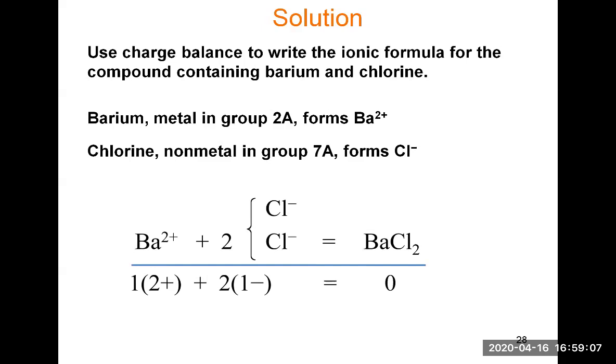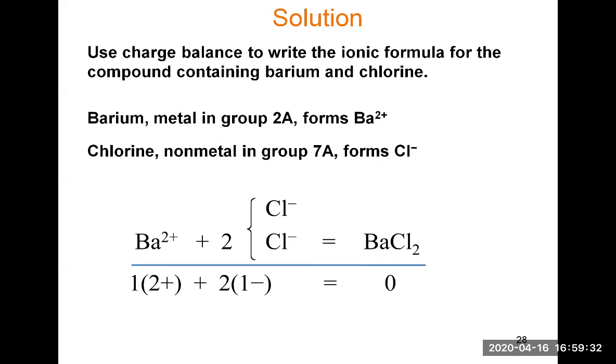So let's make sure this is a neutral formula and the correct formula. The formula says 1 barium, and each barium carries a 2+ charge. So that's going to be 2 positive charges in total. And the formula says 2 chlorine, 2 chloride ions with 1 negative charge each.